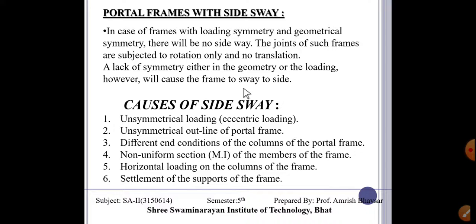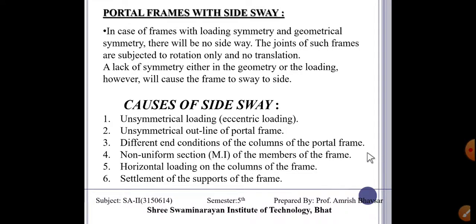Means if it is different from the symmetrical, then it must cause side sway. How? First, unsymmetrical loading, meaning asymmetrical loading, then it is sway. Unsymmetrical outline of the portal frame: some columns are of different size than other columns. Different end conditions of columns: one column support is fixed and another is hinged.